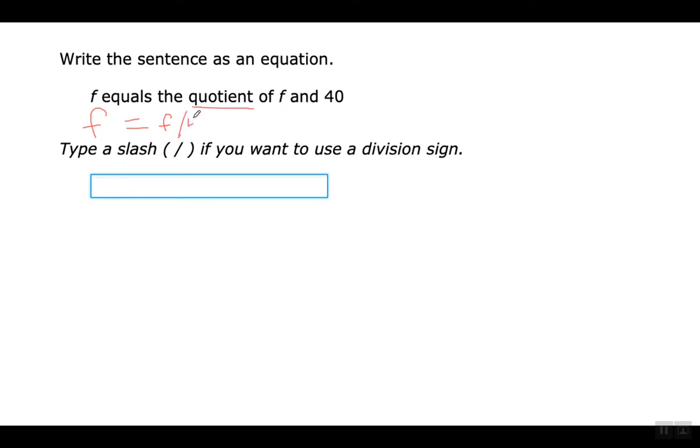Alright? It doesn't matter if you're using the same letter. That's what it says to write. That's what I'm going to write. Okay? F es igual a el cociente de F y 40.